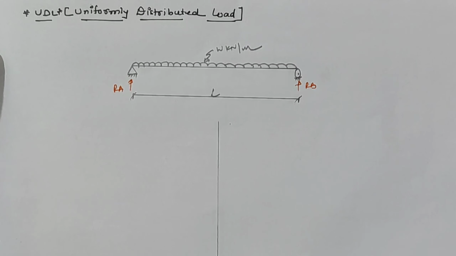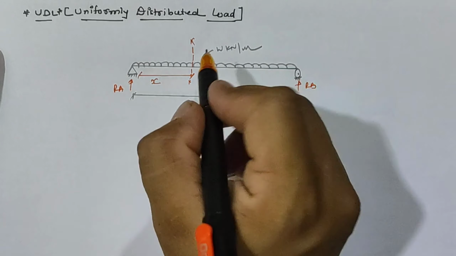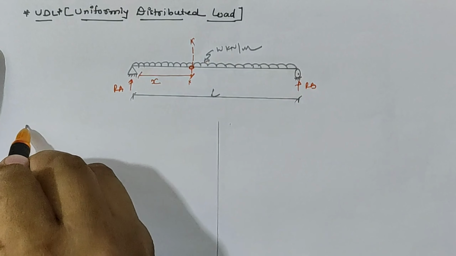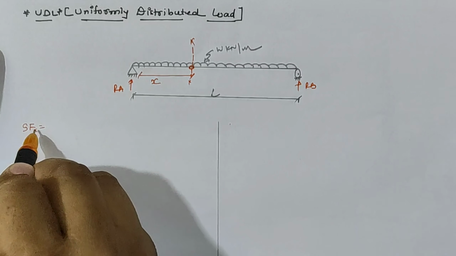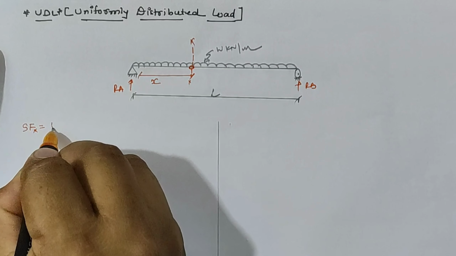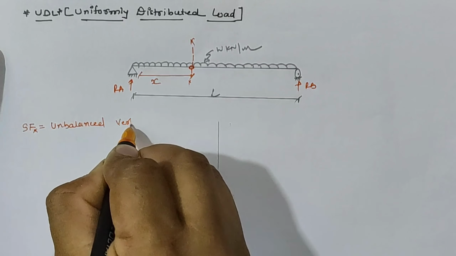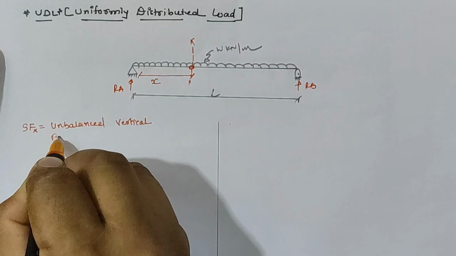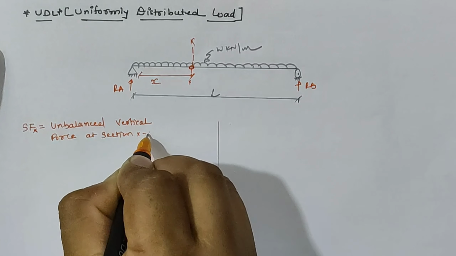and according to the definition, if we assume that at distance x meter from the left hand side we have to calculate shear force and bending moment, so at this location the shear force value, which is equal to SF at section XX, according to the definition, is the unbalanced vertical force at section XX.